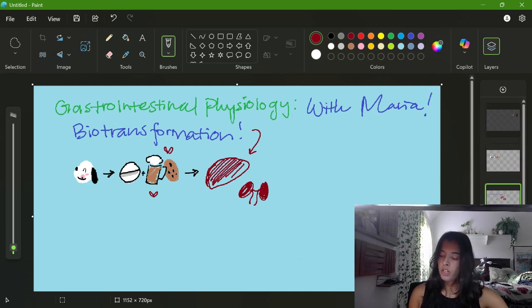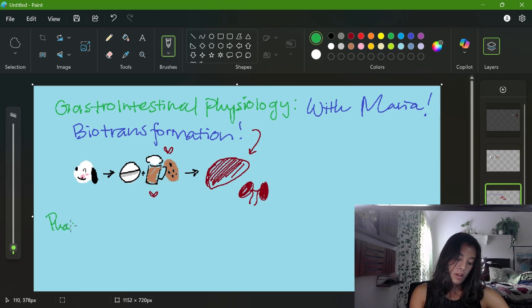And so in our scenario where Snoopy has been dosed with the meloxicam and it's finally reached his liver, we'll begin with the first phase of biotransformation, in this phase 1, or the oxidative phase.